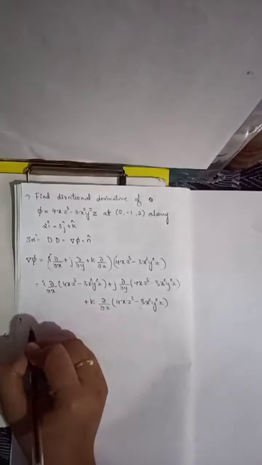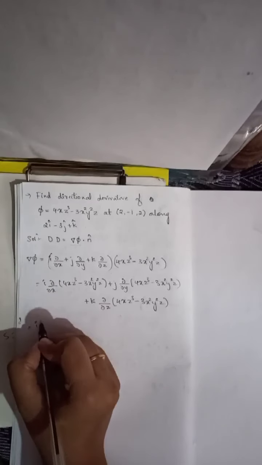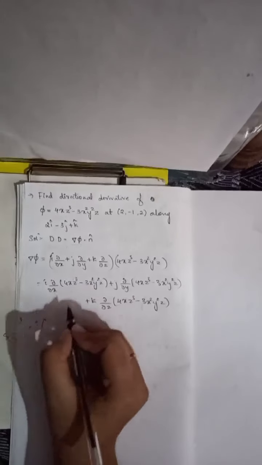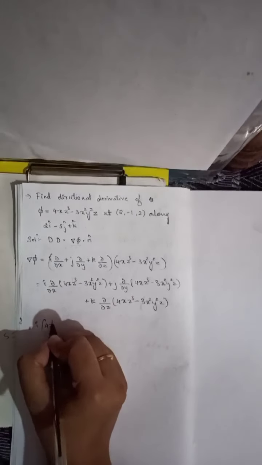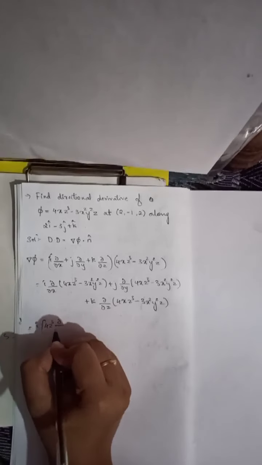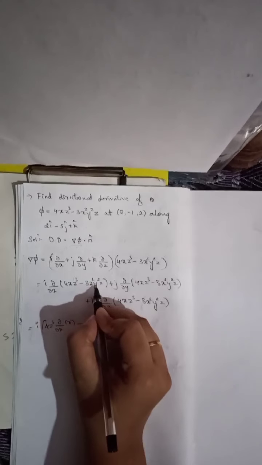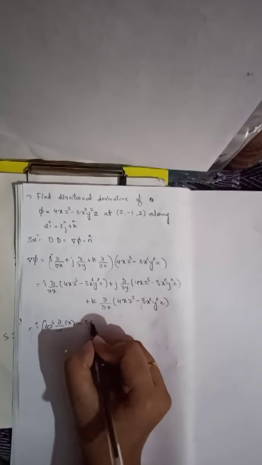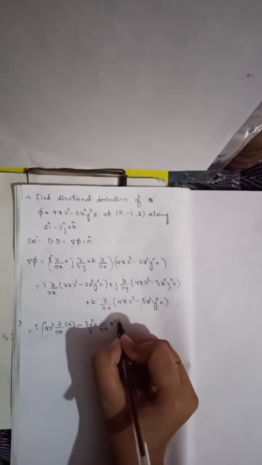Okay. Now differentiate only with respect to x. So i into, in the first term x is present, so 4z cube will be out, minus, here also x is present, so 3y square z will be out, dou by dou x of x square.